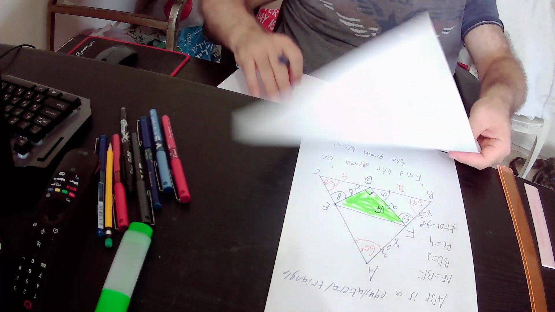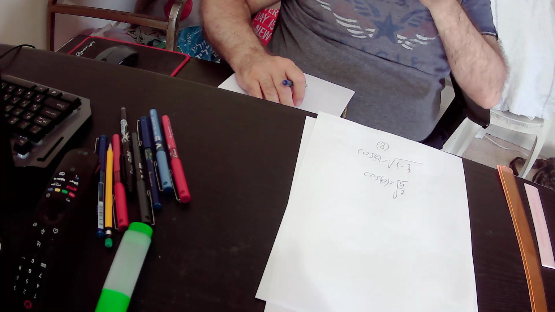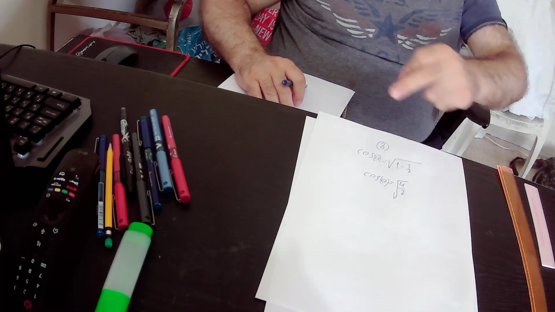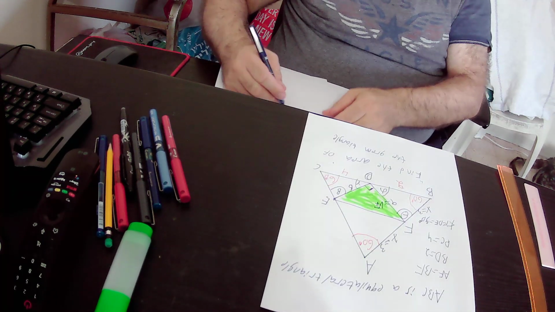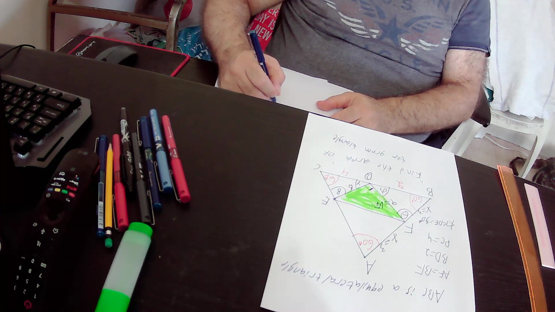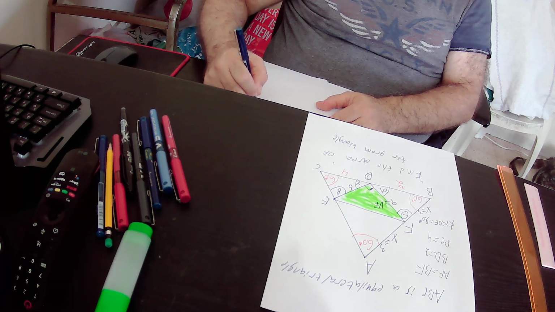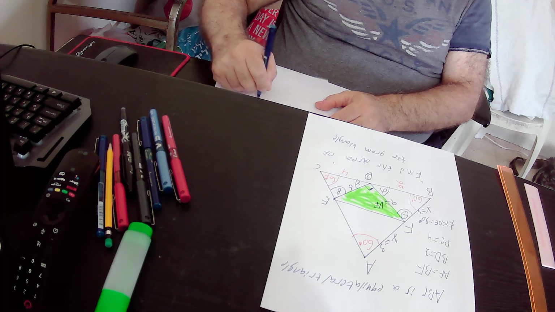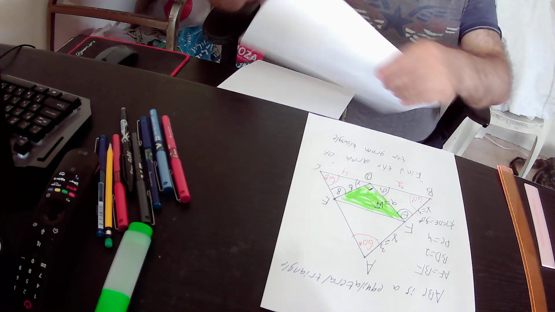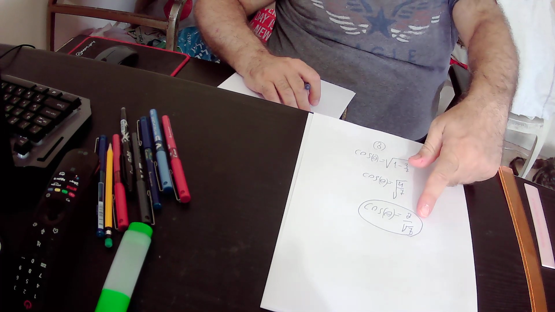So we got that the value of cosinus theta is the root of 4 over 7. The root of 4 is 2, so in total, cosinus theta equals 2 over root of 7.